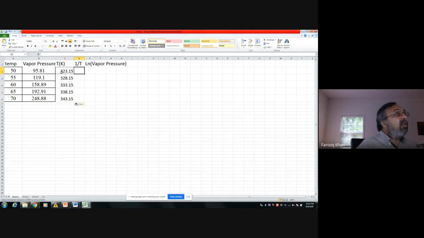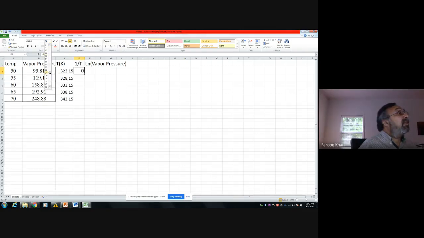I need to invert these temperatures, so I type in equals 1 divided by this quantity, and this will give me my inverse temperature in Kelvin. And if you see a 0, don't be alarmed.